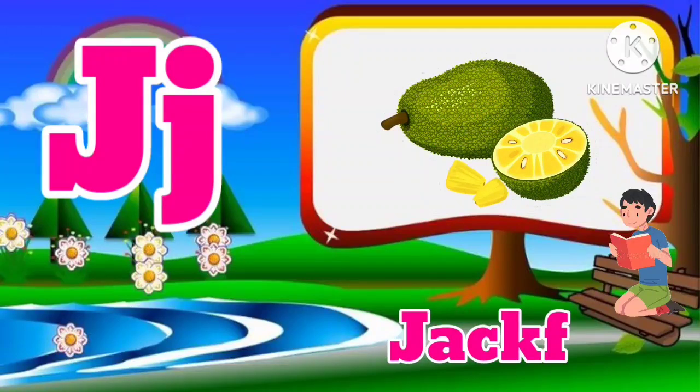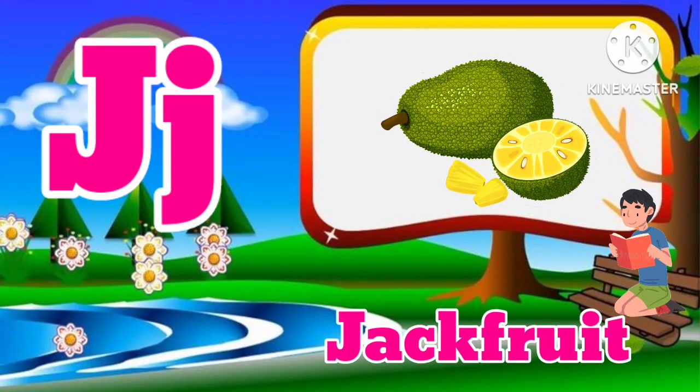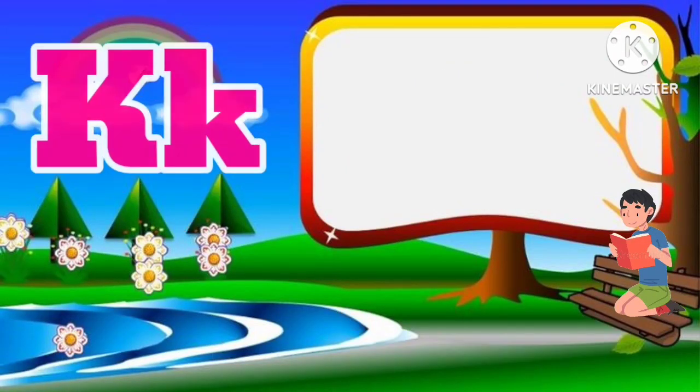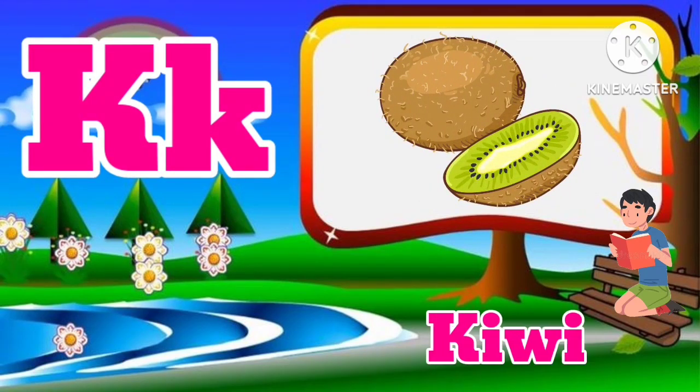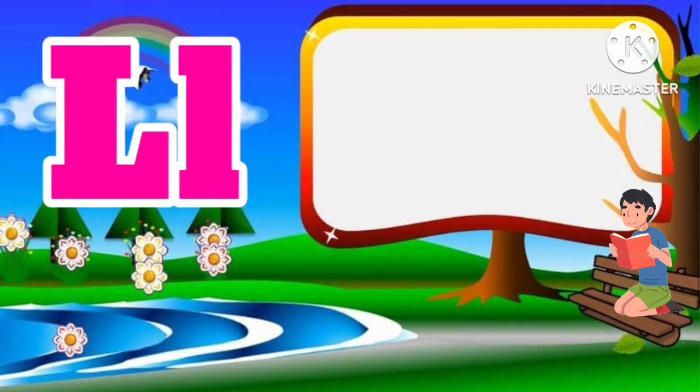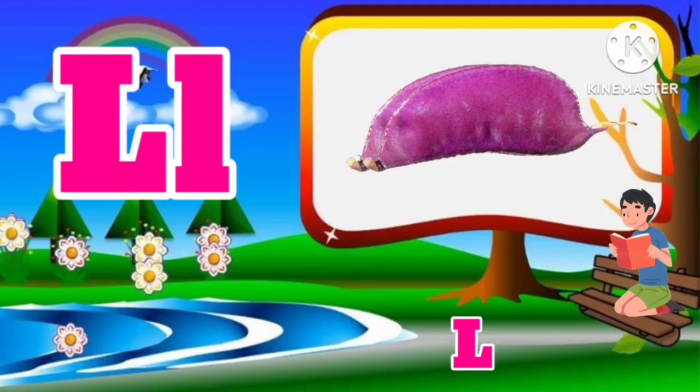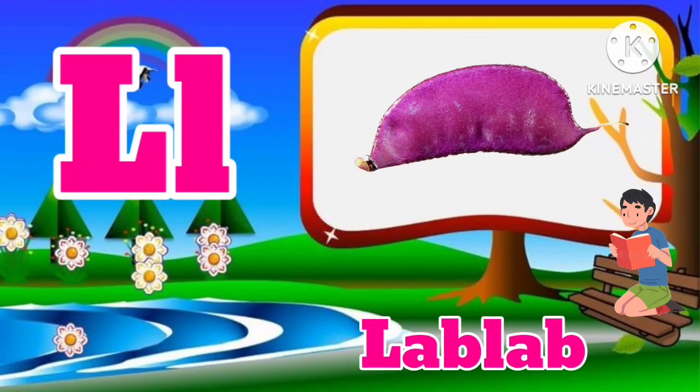J is for jackfruit. K is for kiwi. L is for lablab.